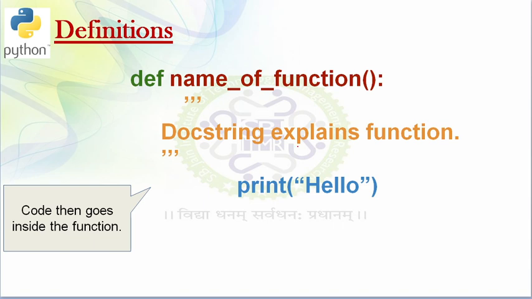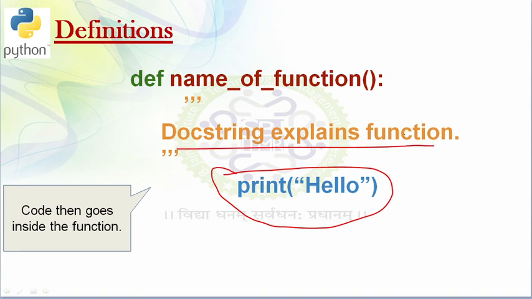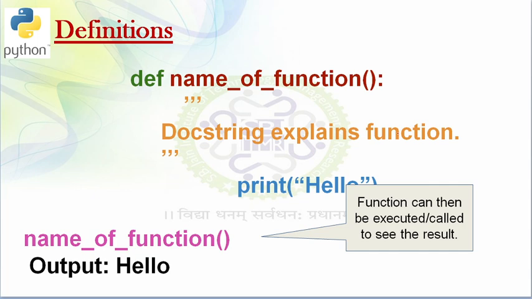After that you can write all the code that you want, and it will go directly after your docstring. Once you have written the statements, the next thing is calling the function. Until and unless you call the function, you will not be able to use it.